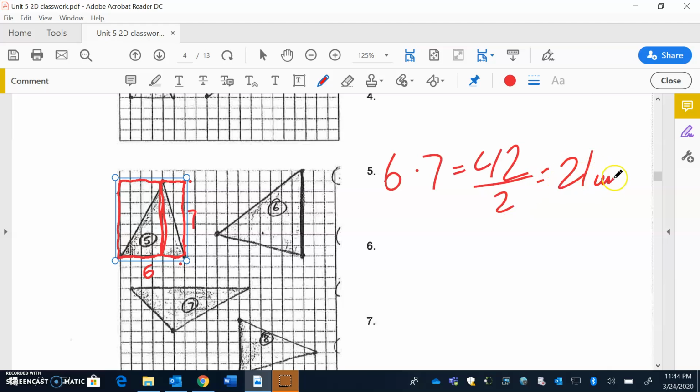So it's 21 units squared, so to that second power. Now it's not showing up very well, but that's the idea behind it: make it into a rectangle, find the area of the rectangle, and simply cut it in half. It'll work for any of our triangles that we're dealing with here.